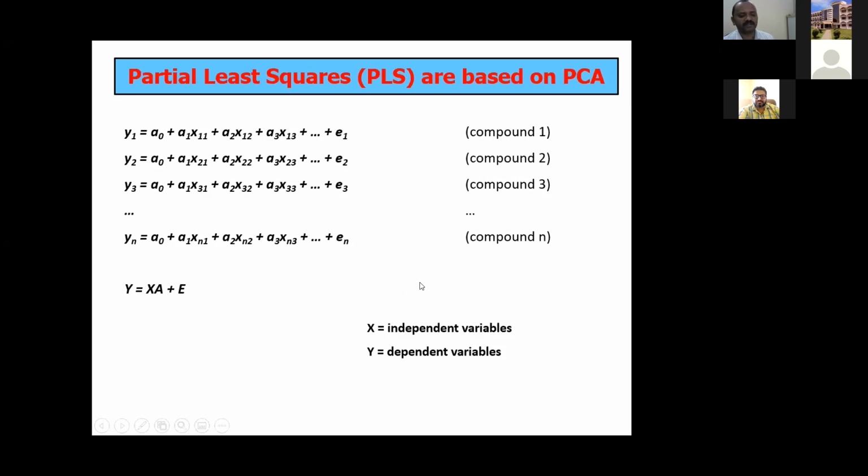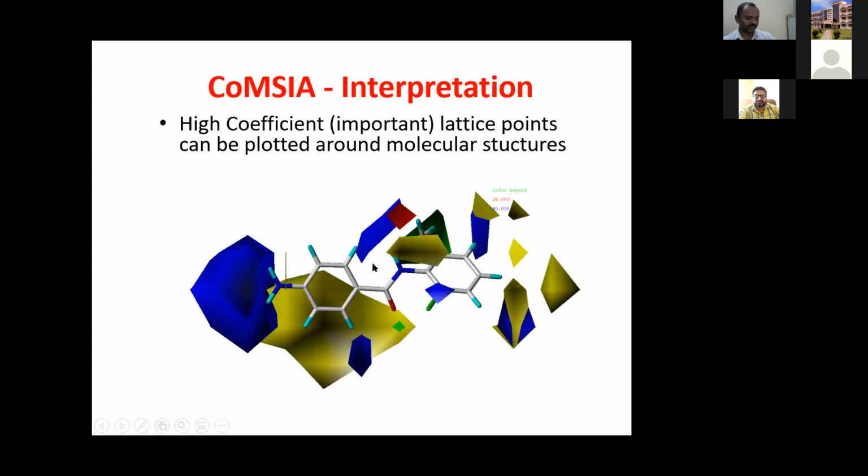Okay, so just learn that here x is an independent variable, y is the dependent variable. Take all these equations into consideration. Now, what do we get by doing this?